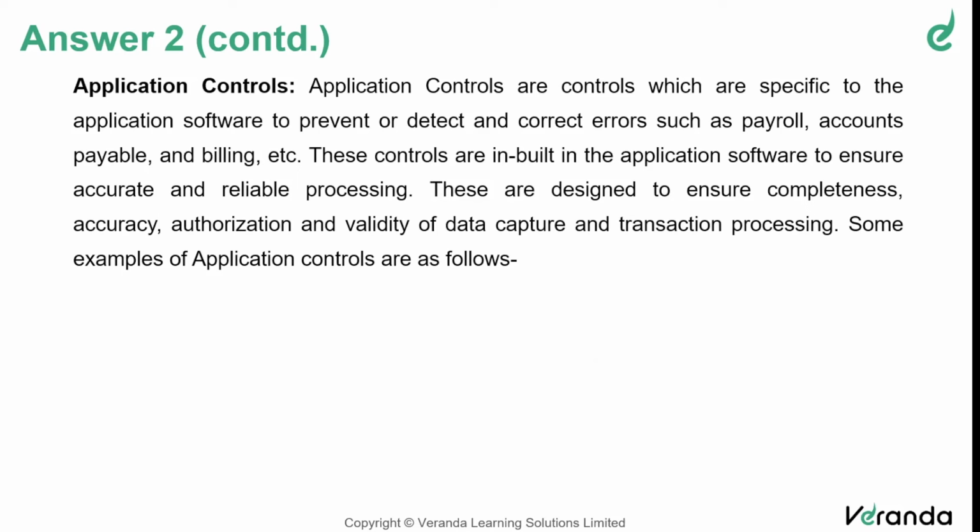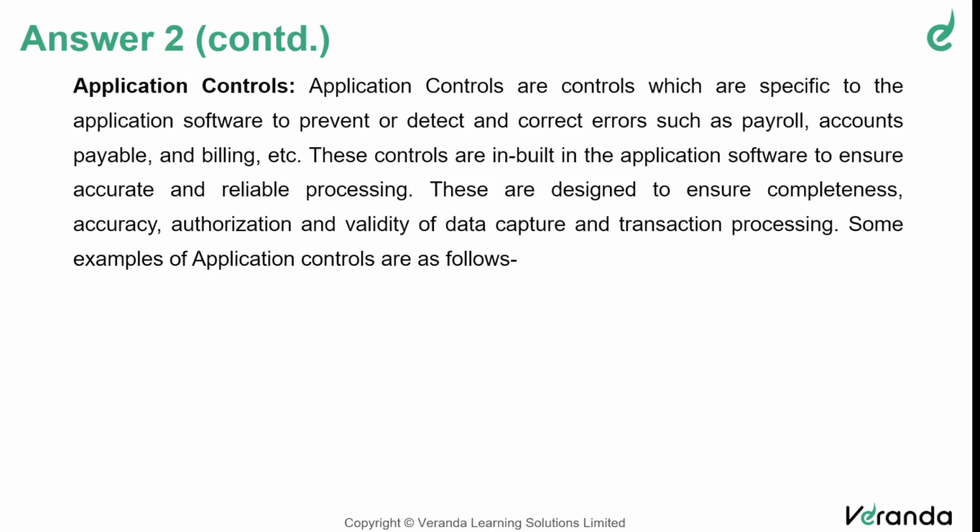Now these functions could be billing, delivery, payroll, finance, anything. These controls are inbuilt in the application software itself so that the software does not go crazy and perform all wrong functions.